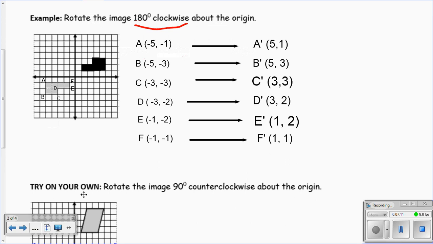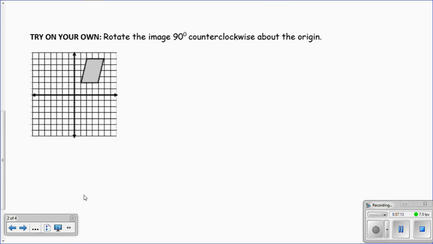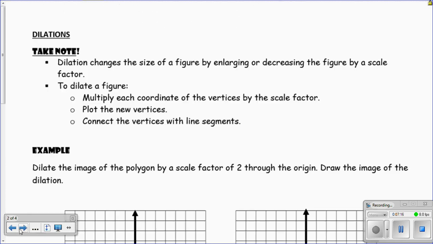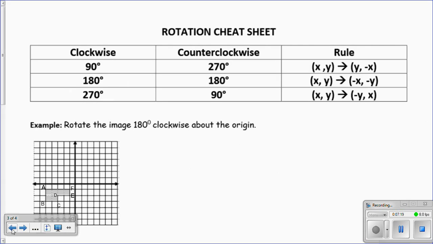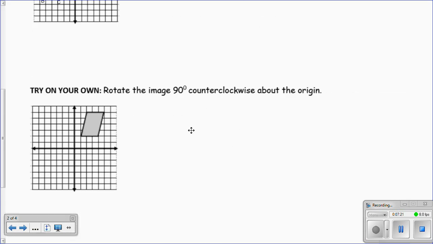So you guys are going to try this one on your own. I only gave you one. It says to rotate 90 degrees counterclockwise, so use your notes, label it, get it done, and I'll show you what the picture looks like once you rotate it in class.